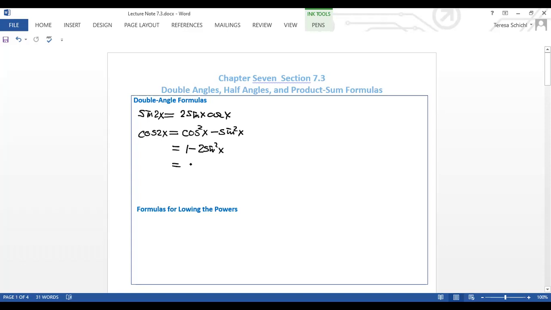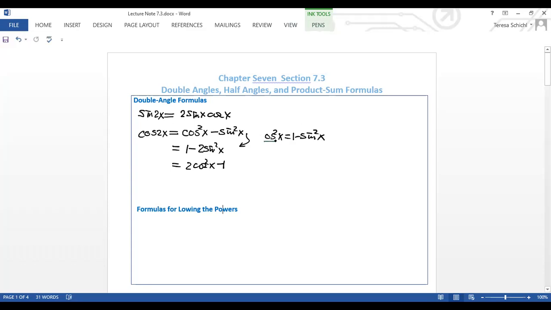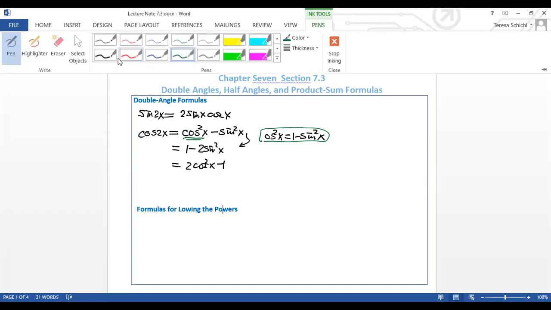Or you can say this is 2 cosine squared x minus 1. From here to here, you can just replace using the Pythagorean identity. Like in here, you can replace cosine squared x with 1 minus sine squared x. You replace this and that's how you get these formulas.